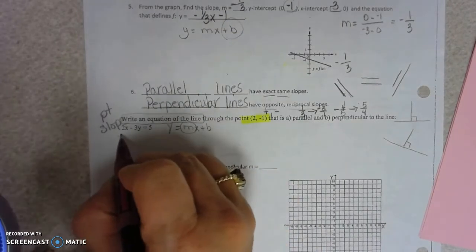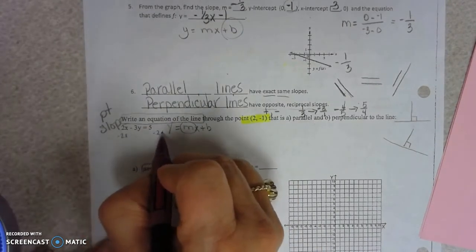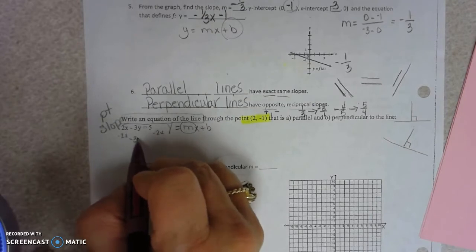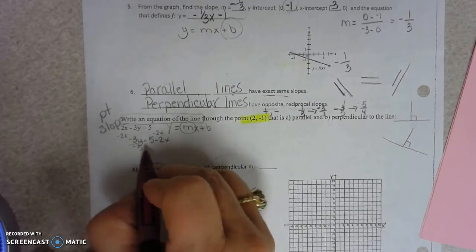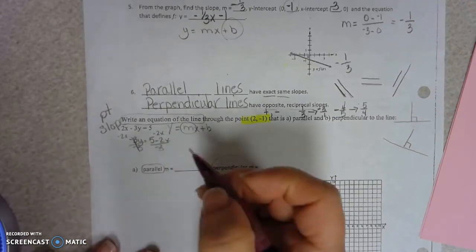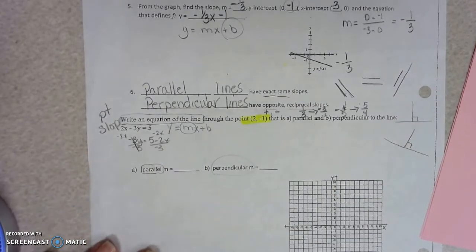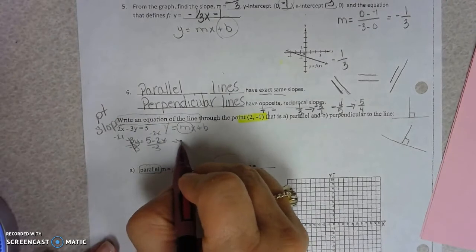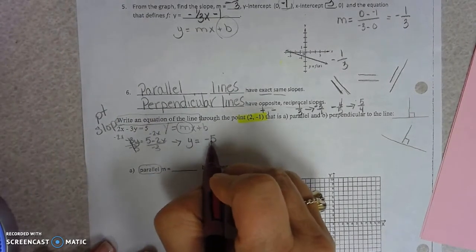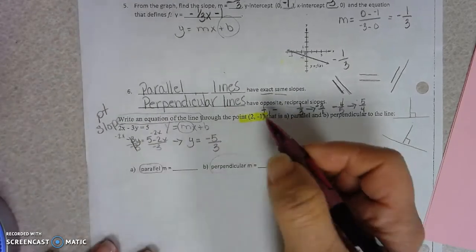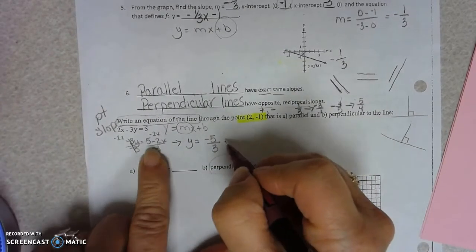Oh, gracious. So let's solve for y again. Divide everything by -3. There goes my voice. So y equals negative 5/3.